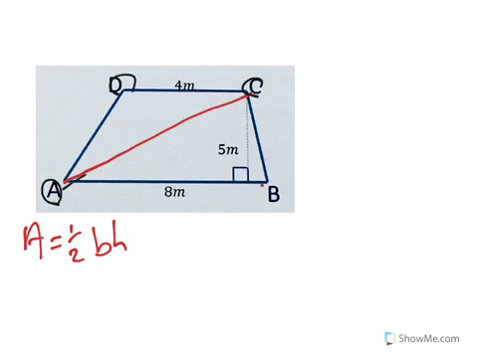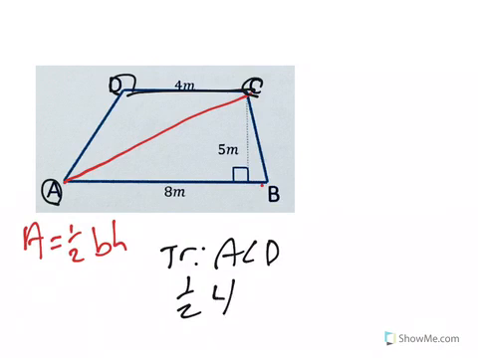For ACD, so this triangle, we'll just say triangle ACD, we have 1/2, and then the base, now if you notice, the base would be 4, right, because that's where we would have our 90-degree angle. Base would be 4, and then the height would be 5. So 1/2 times 4 is 2, times 5 is 10.